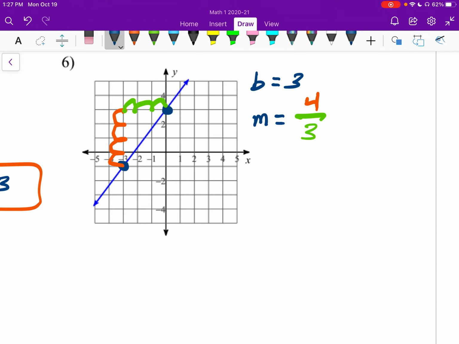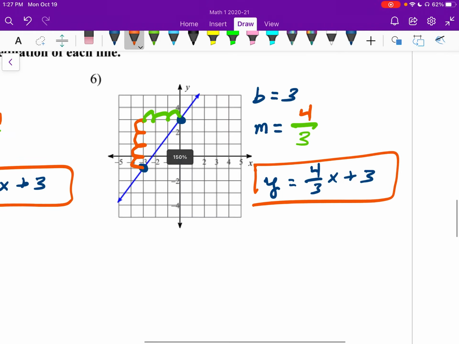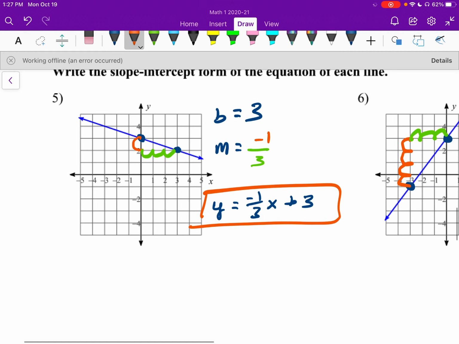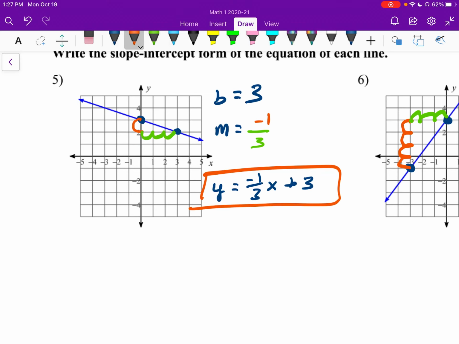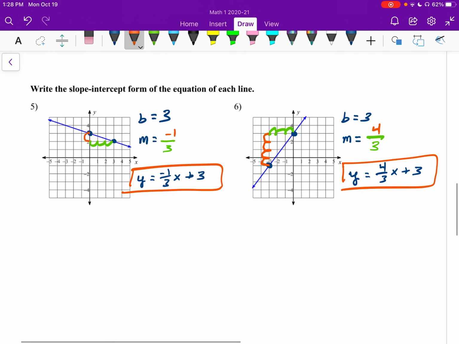So our equation now should be y equals 4/3 x plus 3. Right? And I don't know if I've been saying it out loud, but I have been checking that. Well, here our slope is positive, and over here our slope was negative. That -1 there tells us that it's negative. Right? So not too terrible, or hopefully not too terrible.